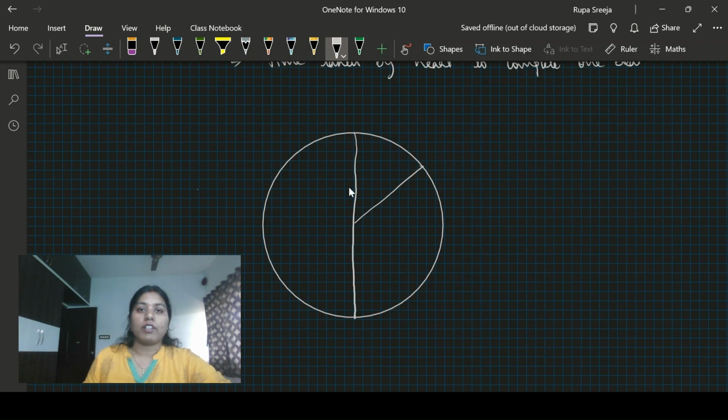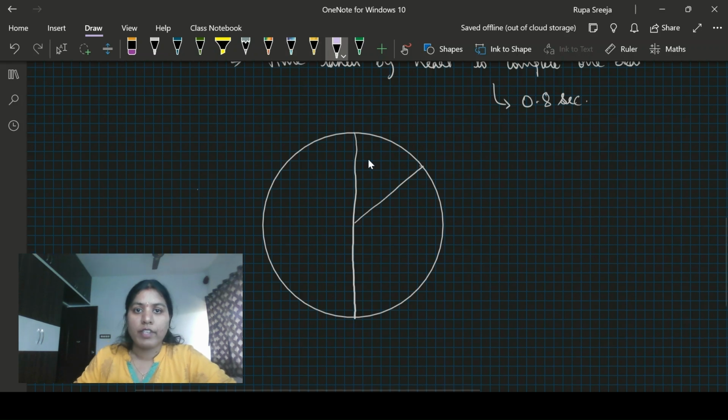So let's divide the entire time taken by one heartbeat, which is 0.8 seconds. One heartbeat takes an average of 0.8 seconds. So we'll divide the 0.8 seconds based on the function that is happening, based on the changes that are happening in the heart.